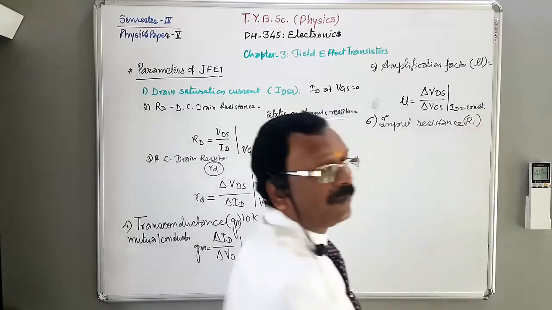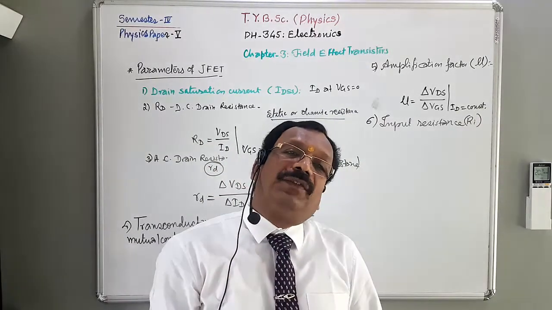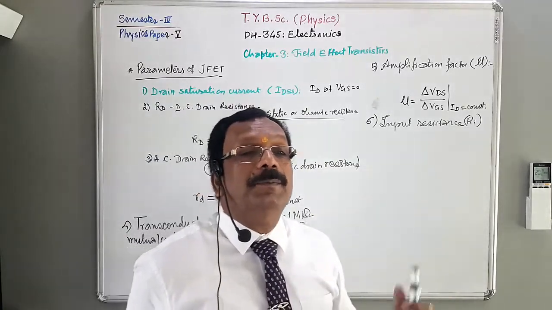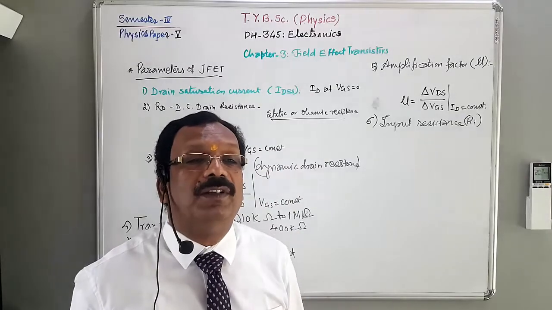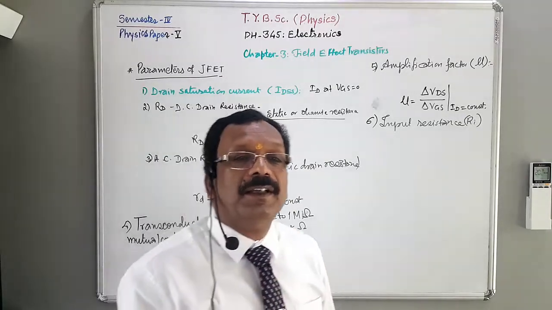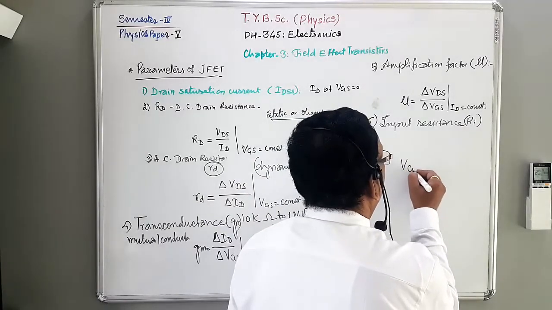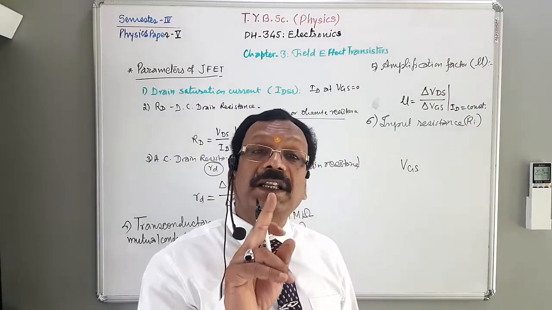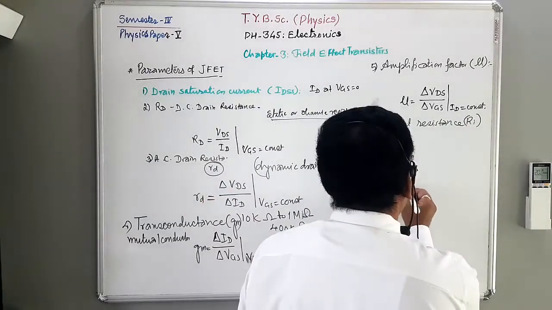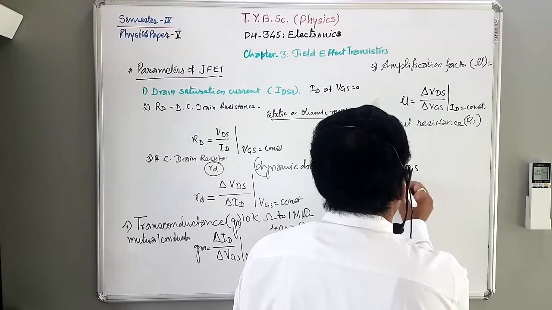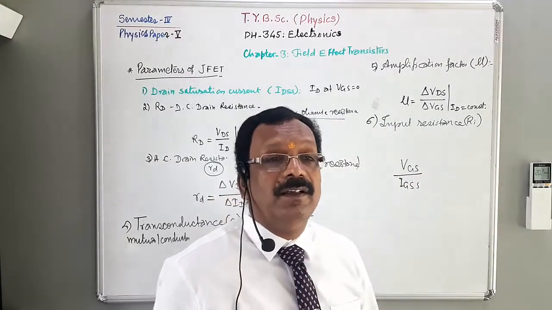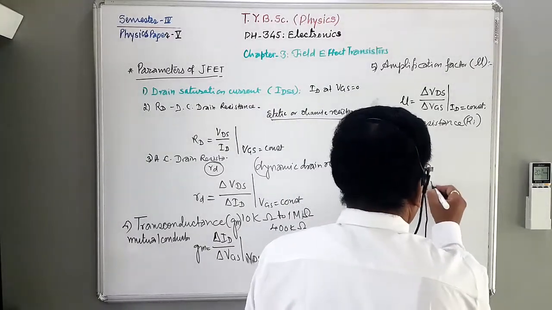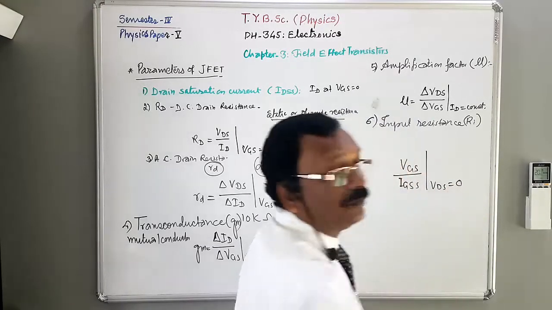Ri. It is also defined in a similar way, that is, input resistance is the ratio of reverse gate to source voltage, that is VGS, to the resulting reverse gate current, that is IGSS, when drain to source voltage is 0.